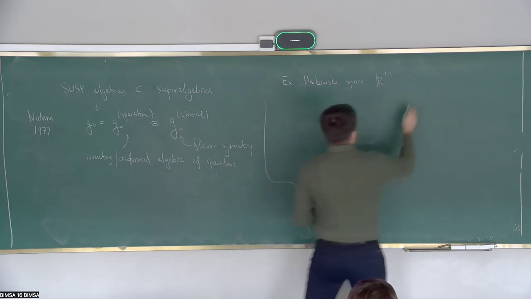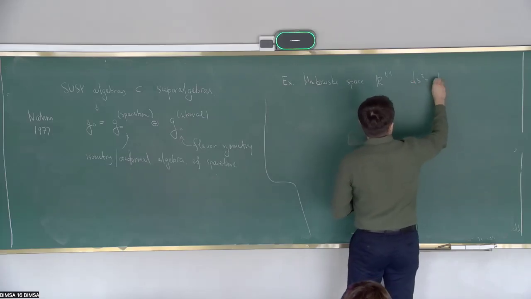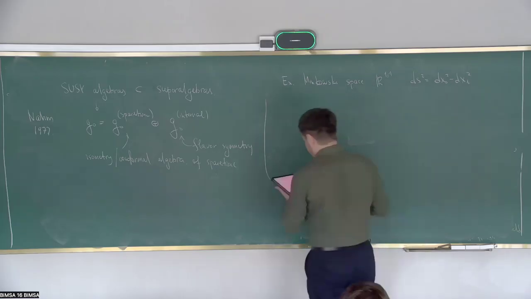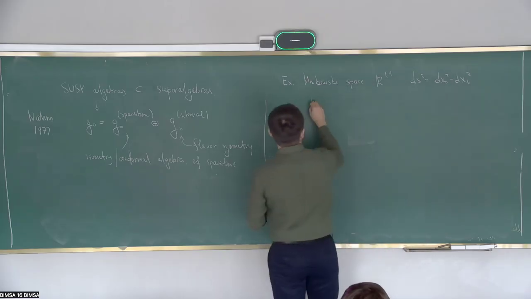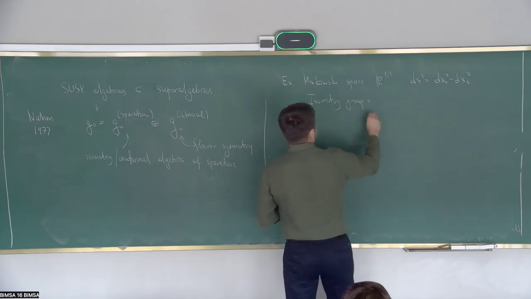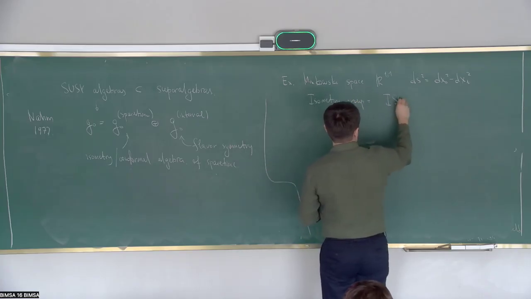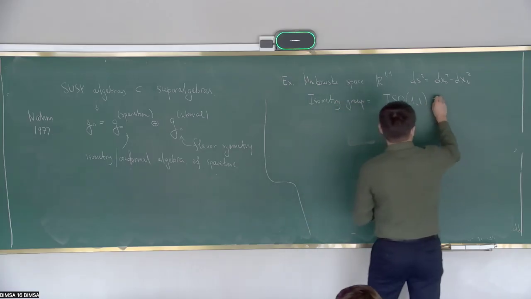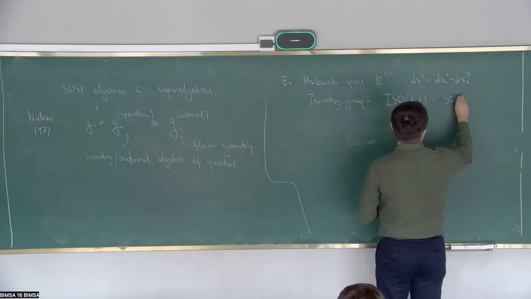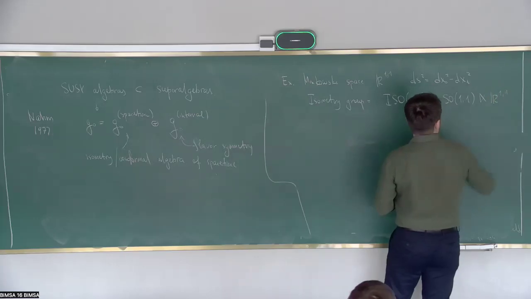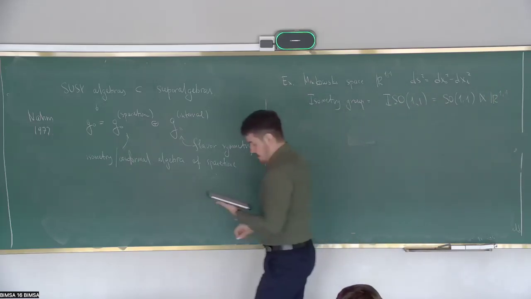The isometry group is the semi-direct product of the Lorentz group with translations.